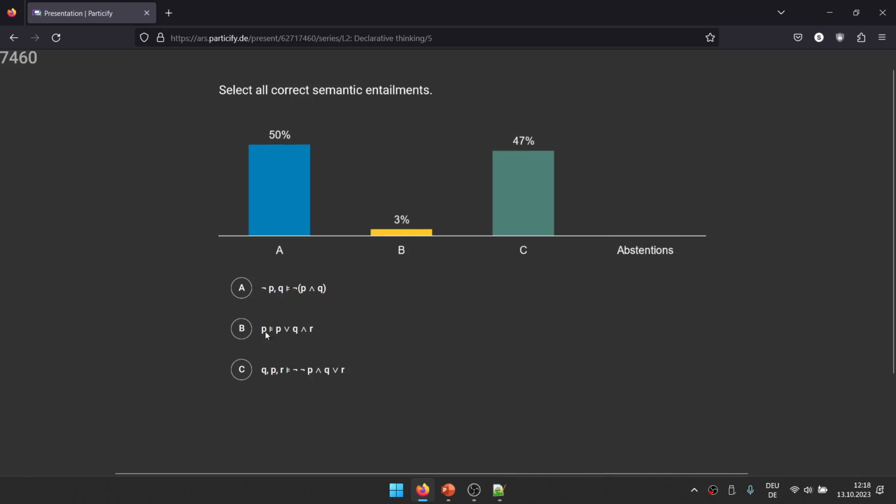Because it's on the left side. Okay, so P is true. For Q and R, we have to check all possible values. How many are there? For each one, just two, right? True and false. Do they have an impact? No, because we have a disjunction here. We say true or something else, but if one side is true in the or, then the value of the or is true, right? So let's see.